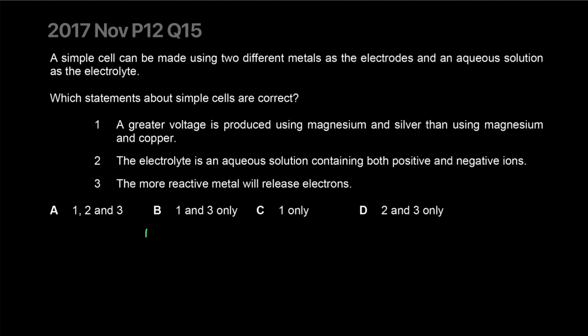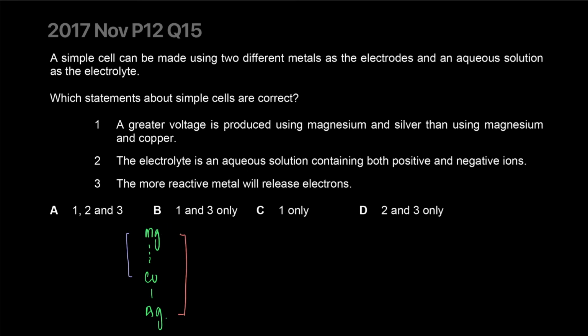Because it'll fight just as hard. Magnesium, you have all your other elements, then you have copper, and at the bottom you have silver. So whatever the voltage is over here, it'll be lesser than the voltage between these two, because this is way more reactive and this will cause a lot more electrons. This will react way more than the silver.